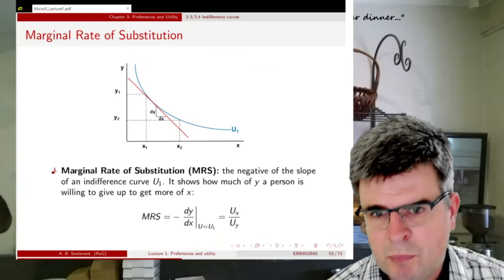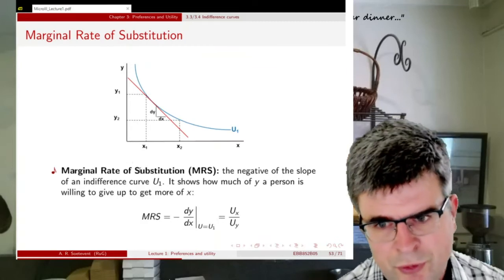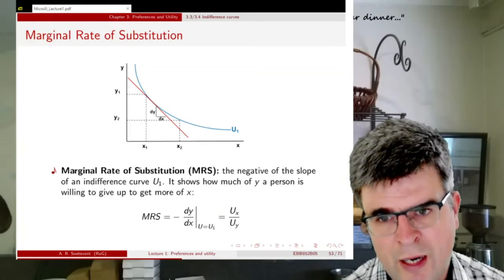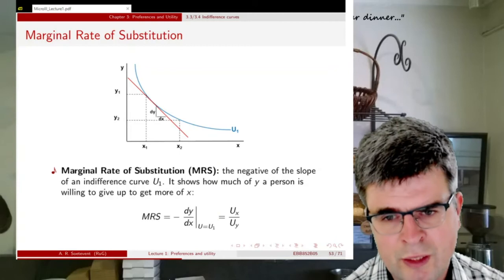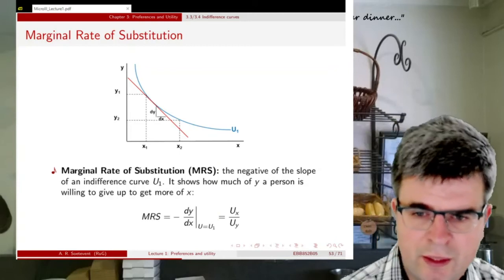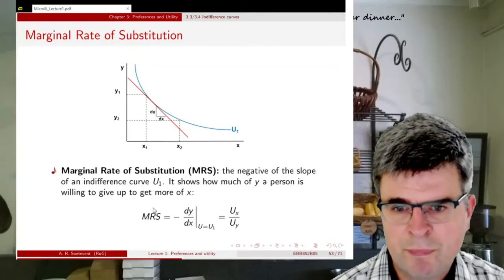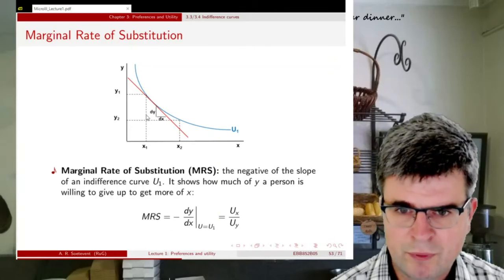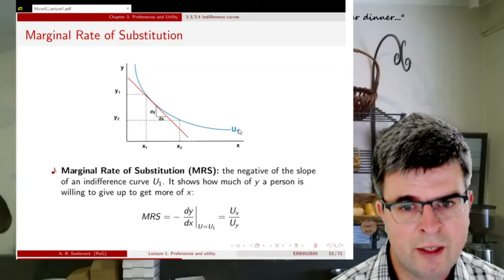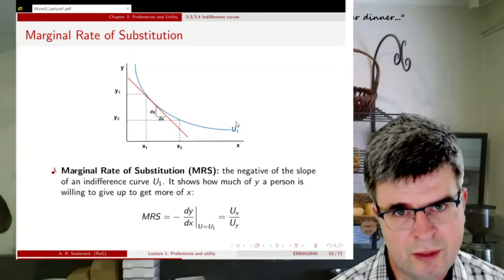The next concept is the marginal rate of substitution, which is the measure of how negative the slope of the indifference curve is. It's simply defined as the slope of the indifference curve, and given that we are on a particular indifference curve, we need to keep the utility constant.